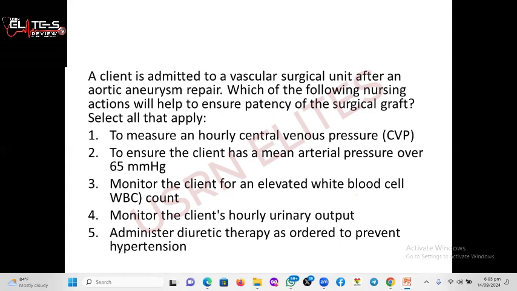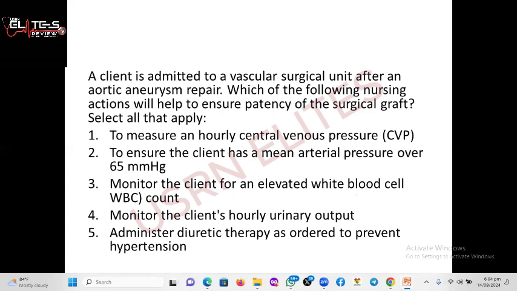The reason I was asking you about the mean arterial pressure is that it tells you how well blood is being circulated. The normal is between 65 and I think 105. Yes, that is the normal range. So if you have a mean arterial pressure less than 65, it means that blood circulation is being affected.